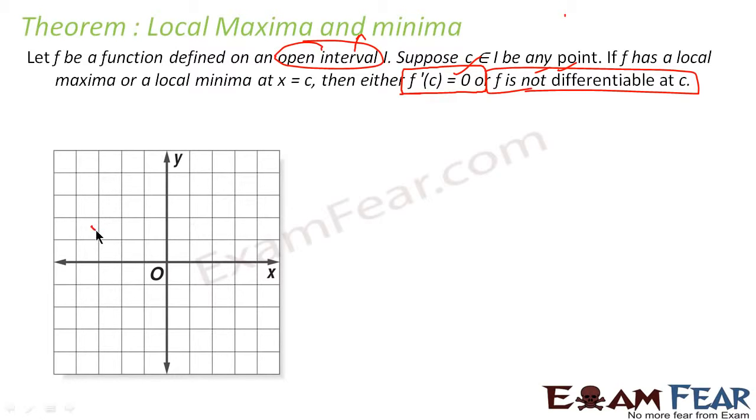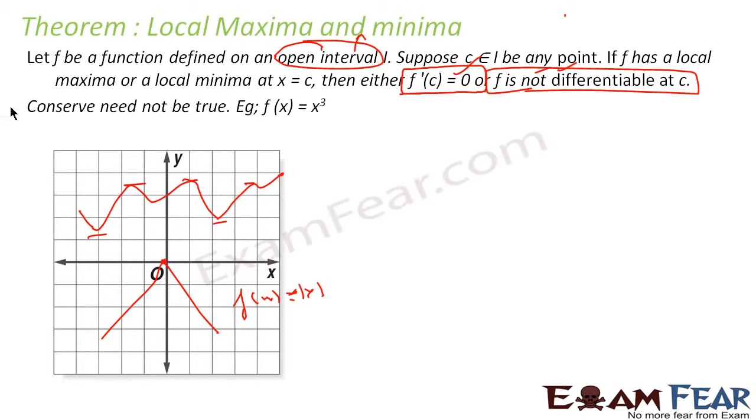So again I'll draw a similar kind of graph. If you see all these places, f dash c is 0. These are the points I can consider for local maxima and minima. And one scenario is the same scenario I will take here like this. This is f of x equal to mod of x. This is not differentiable at 0. So this can also be a point of local maxima. But please note, the converse is not true.